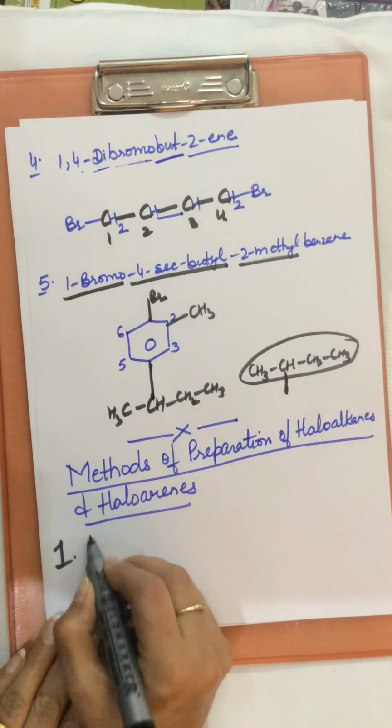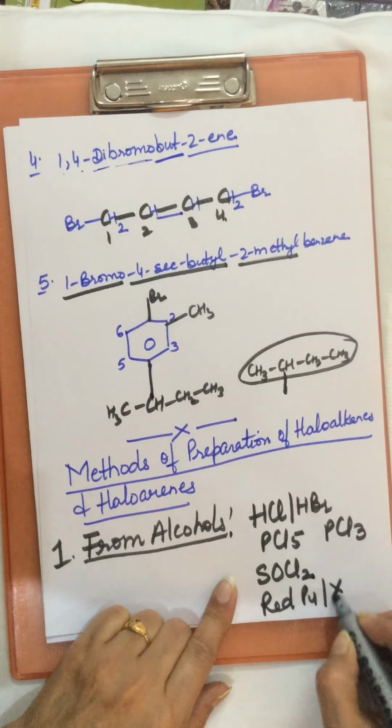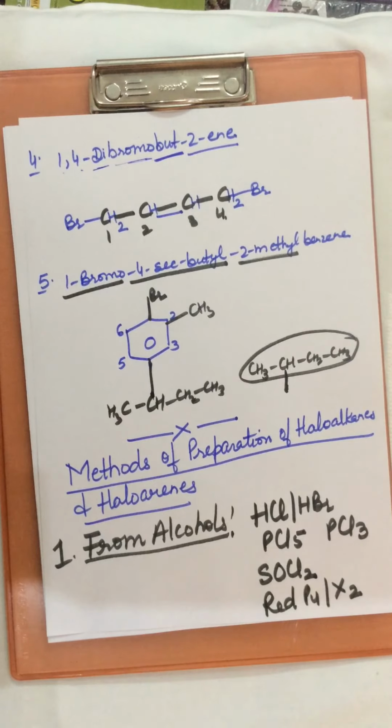By reacting alcohols with the HCl or with HBr or with PCl5 or with PCl3 with SOCl2 thionyl chloride, or we can take red phosphorus and bromine or iodine.